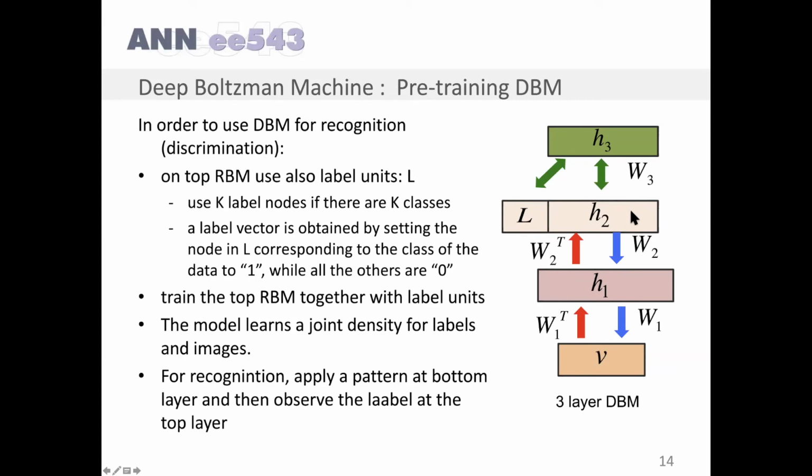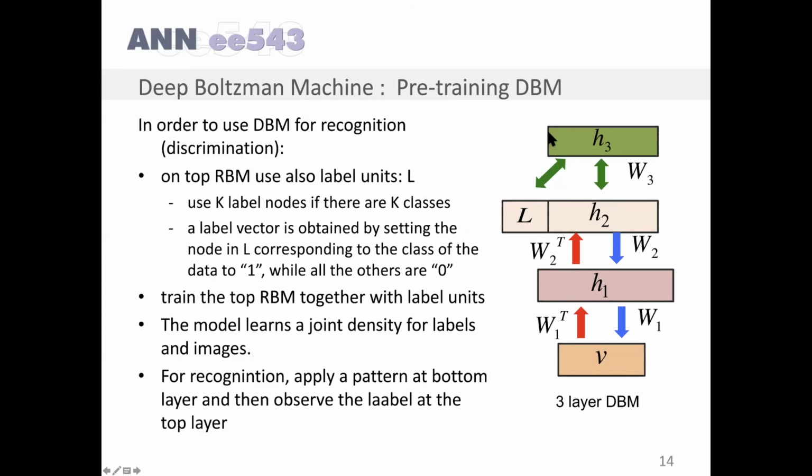And at the end, for the last layer, we add label units. Use K label nodes if there are K classes. A label vector is obtained by setting the node in L corresponding to the class of the data to 1, while all the others are 0.